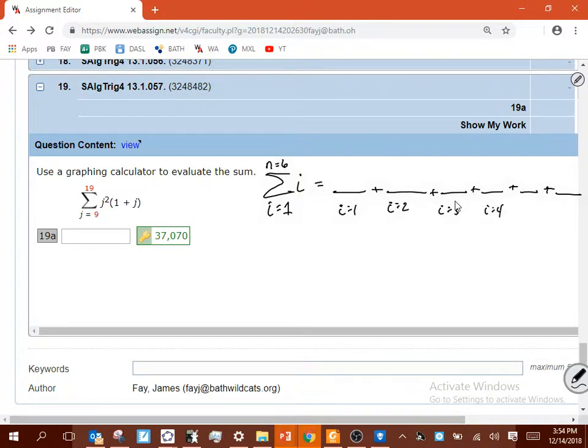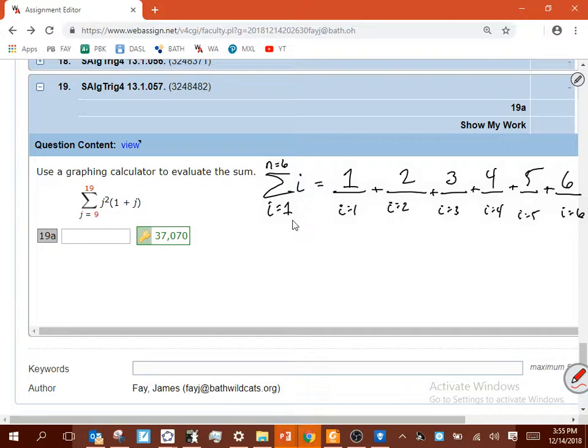So obviously just plugging in i being 1, that would be 1. Plugging in when i is 2, it would be 2, 3, 4, 5, 6. So what we're looking at there is just the sum of the first 6 integers, or first 6 natural numbers, I guess.